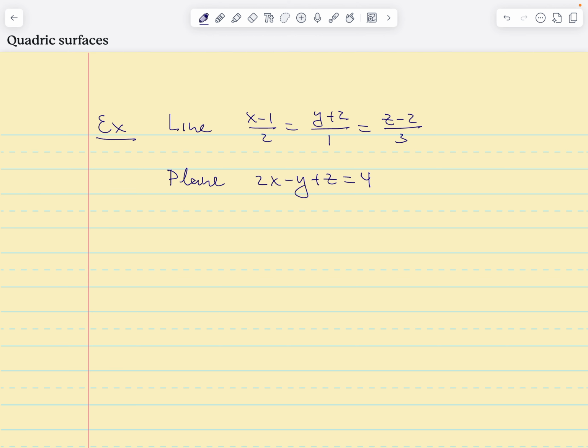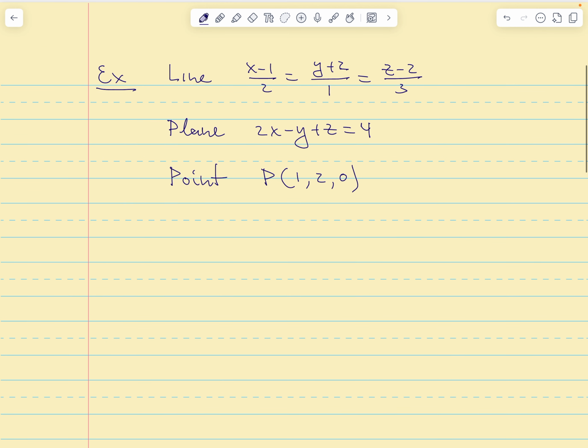And what I want to do, number one, actually one more thing. And let's say we have a point P with coordinates 1, 2, 0. And I want to do a couple of things.